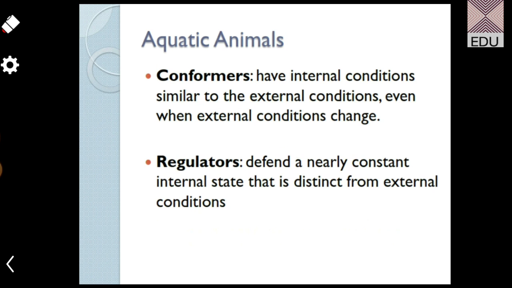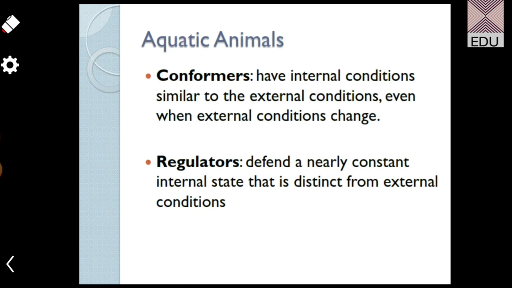Now students, here we have two kinds of animals depending upon the mechanisms of the change of the internal environments. The first type of animals are the conformers. These conformers change their internal environment according to the external environment, as we have taken as an example in the last slide.